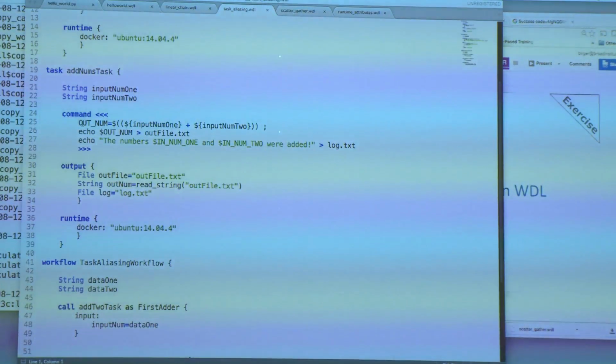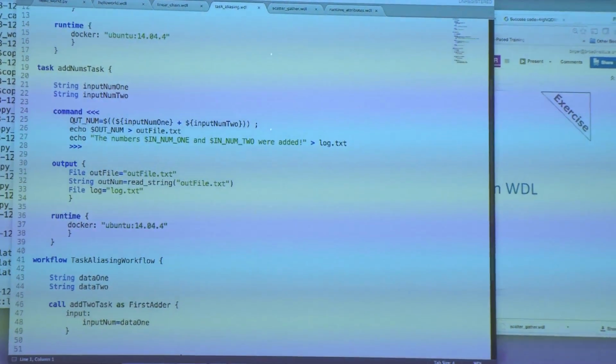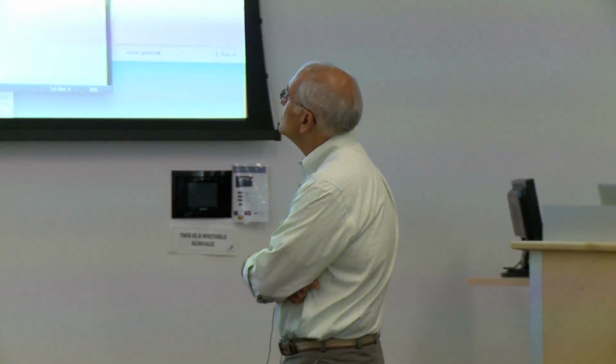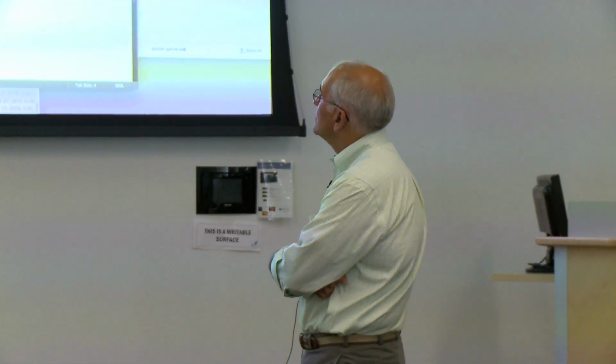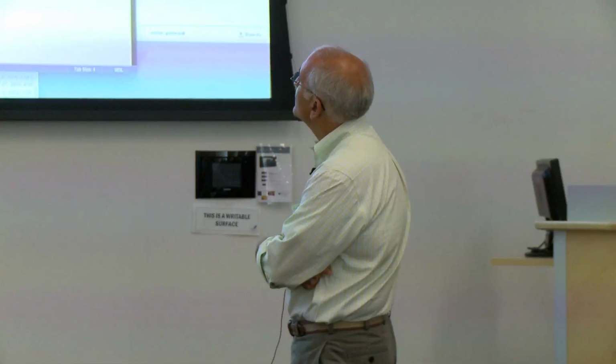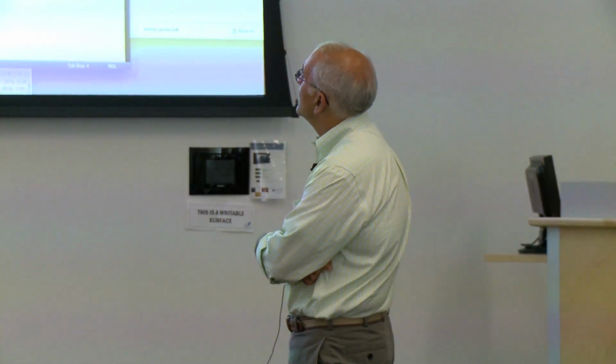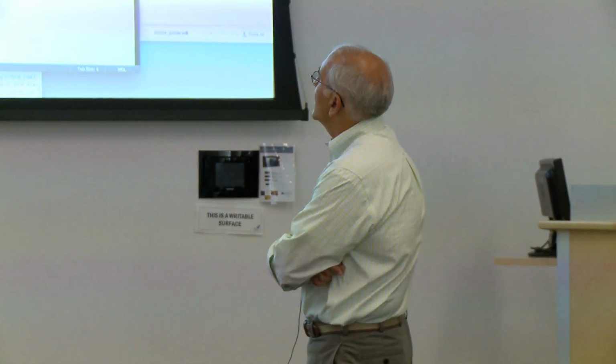Yes? I've noticed when making tasks that although you can refer between tasks to the output files, within a task you can't. So in this case, for instance, for your add nums task, your output file log equals log.txt. You also write that in your command. It'd be really great to be able to link them together, for instance to say add nums task.log in the command, so that you only update it in one place and you don't run the risk of... I think actually you can write your WDL to do that.